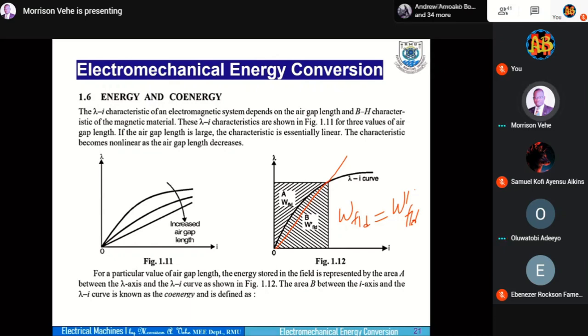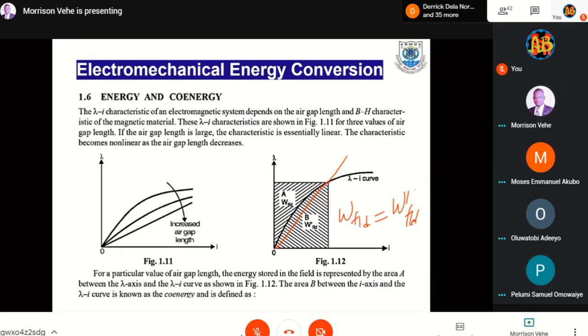Come again. By observation of this figure, what can you conclude? The co-energy is greater than the energy.